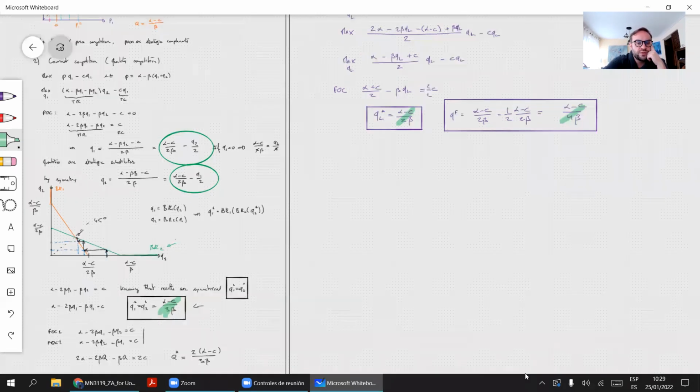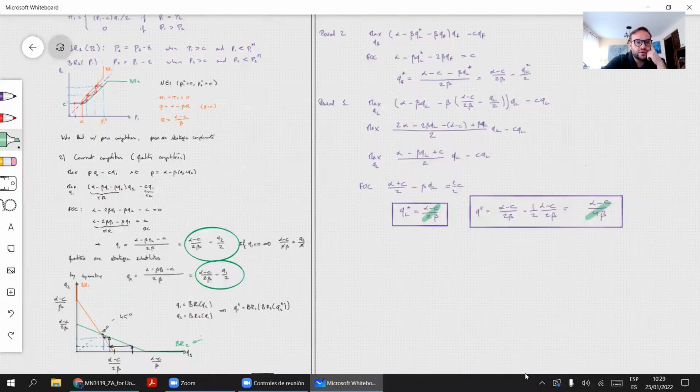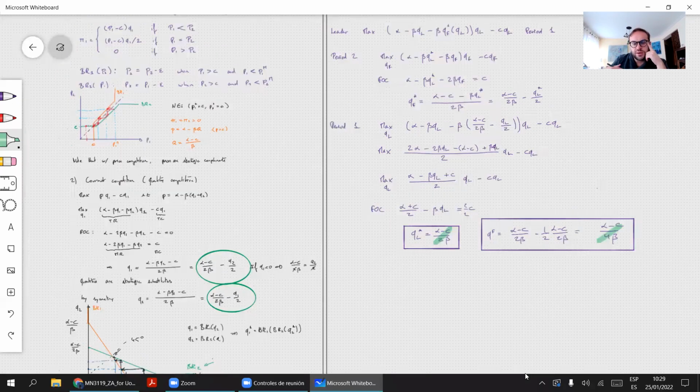Did we compute this for Cournot? For Bertrand, we did not compute this, but basically you would get the full production. So production is divided by 2, and you're always producing more in Bertrand, in Cournot a little bit less.